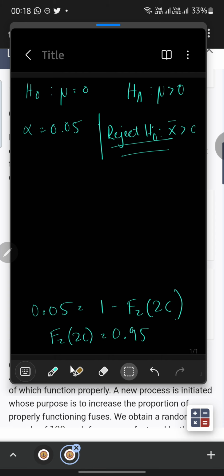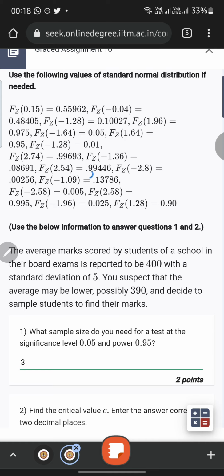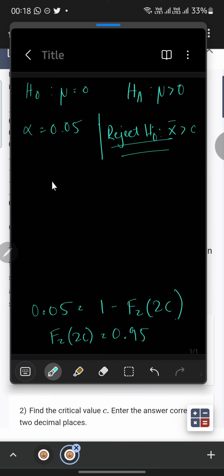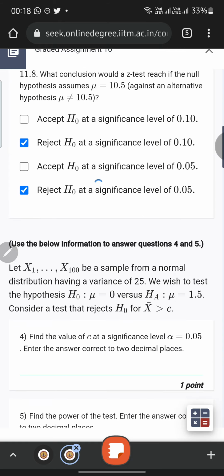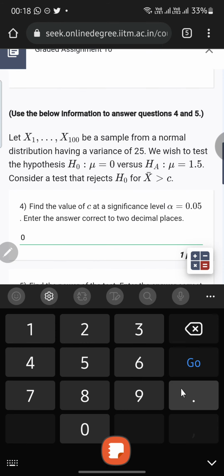In a question from this we can say 0.95 was 1.64, yeah, 1.64 as much as I remember. So we can write 2c equals 1.64 and c would be equal to 0.82, and that will be the answer, right? 0.82.